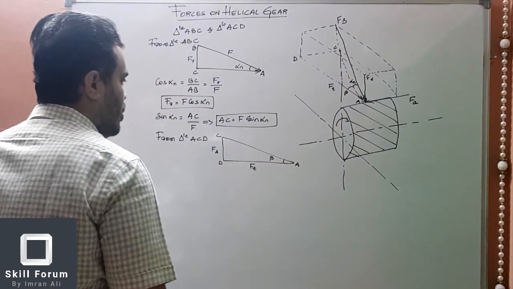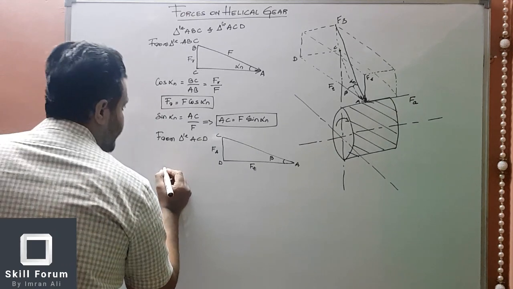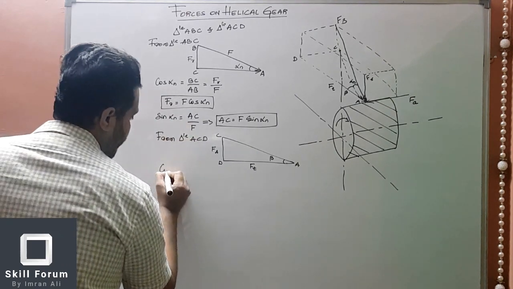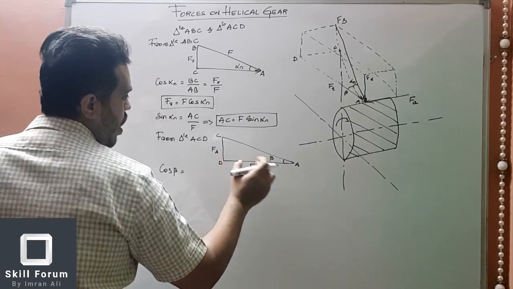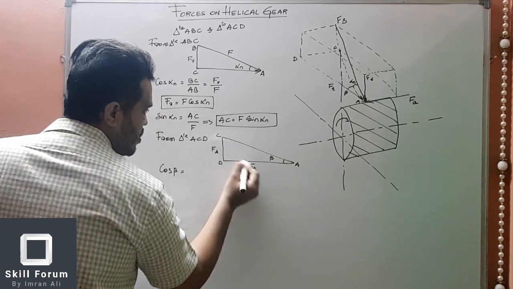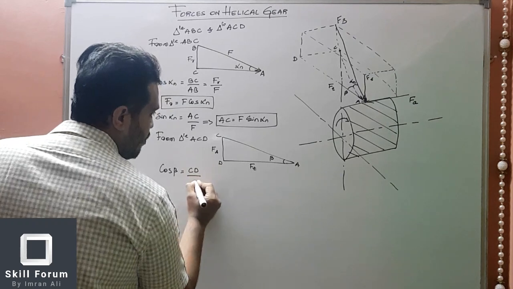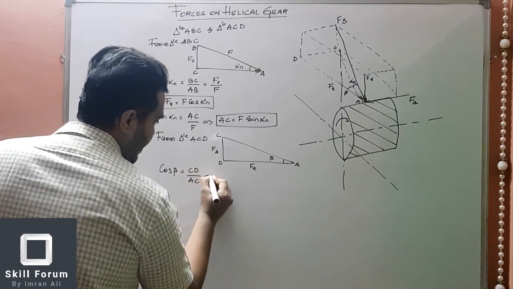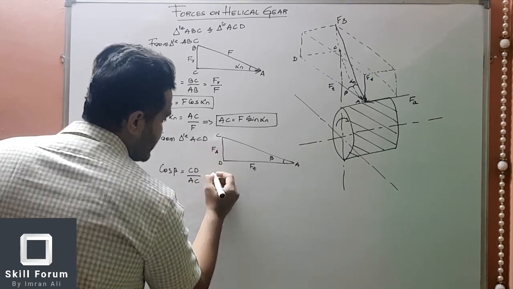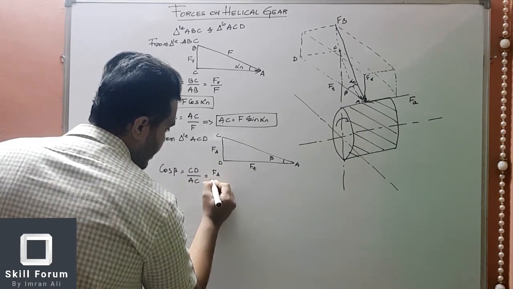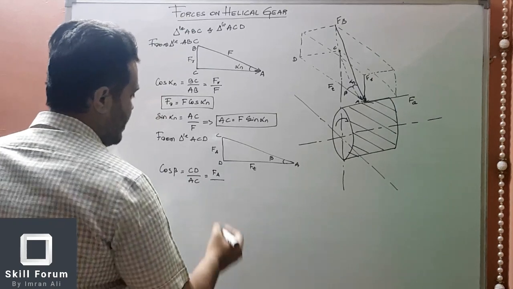Okay. So again from this triangle ACD we have cos beta. What is cos beta? That is opposite by hypotenuse. What is opposite here? CD by AC, right? So what we will get? What is CD here? CD is nothing but FA divided by, what is AC?